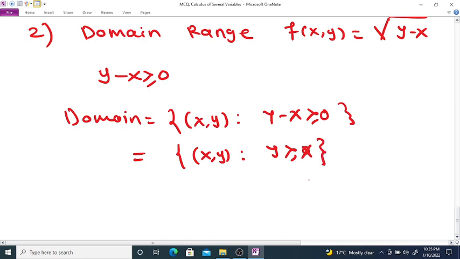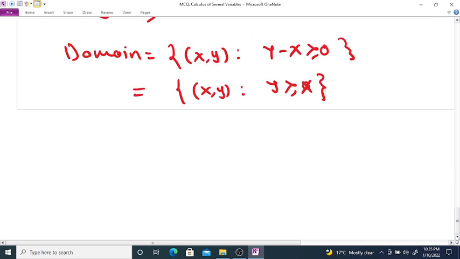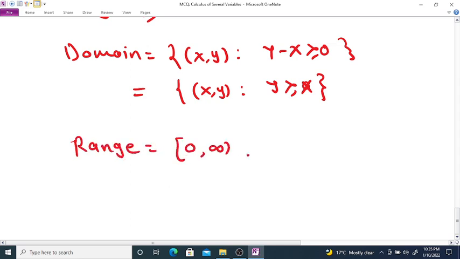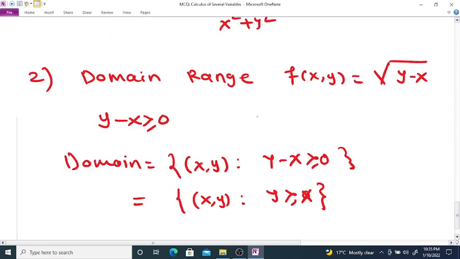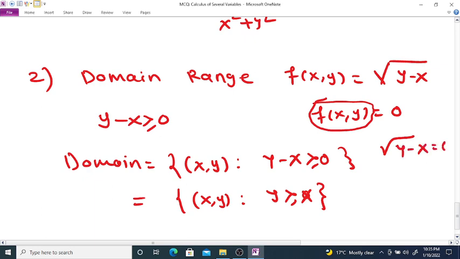Now since it is a square root function, here the range is equal to 0 to infinity. We can easily find x and y such that f of xy equal to 0, that is square root of y minus x is equal to 0.